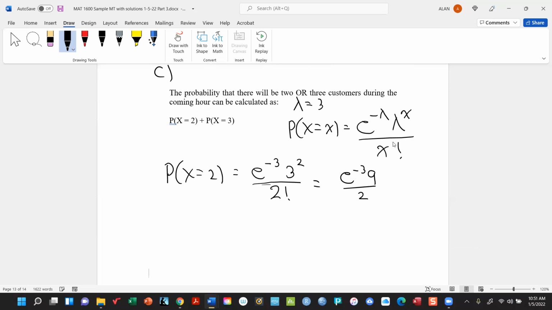And so now remember earlier, we figured out that e to the minus 3 is 0.0498. And so this time we have 0.2241.